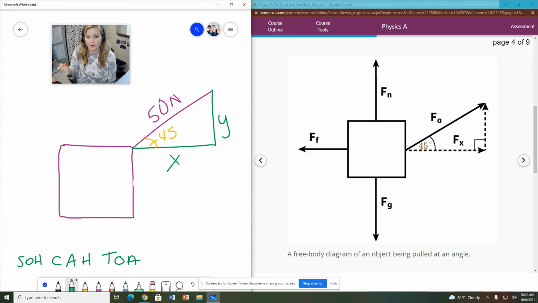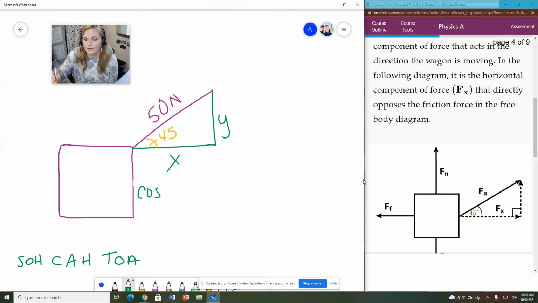So we're using cosine. I'm actually going to scooch this over to give myself just a little more room. Cosine of 45 is equal to x over 50.